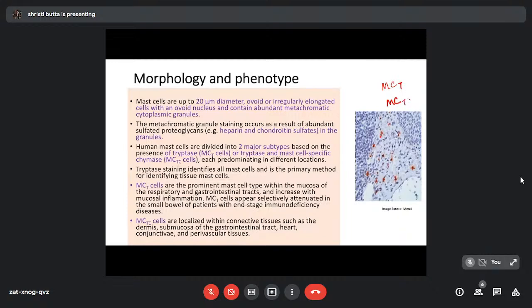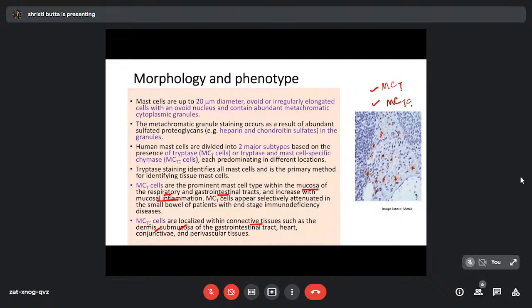MCT type mast cells are present in the mucosa of the respiratory and gastrointestinal tract and increase in mucosal inflammation. MCTC type, on the other hand, are present within the connective tissues such as the dermis, submucosa of the gastrointestinal tract, heart, conjunctiva, and perivenous tissues. They produce both tryptase and chymase, whereas MCT type produces only tryptase.